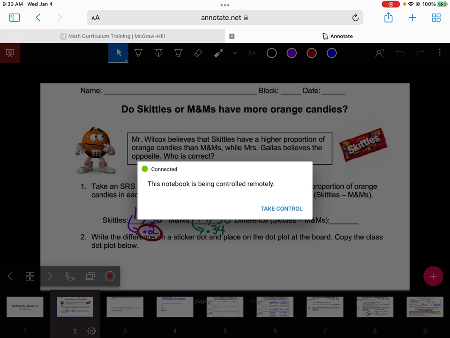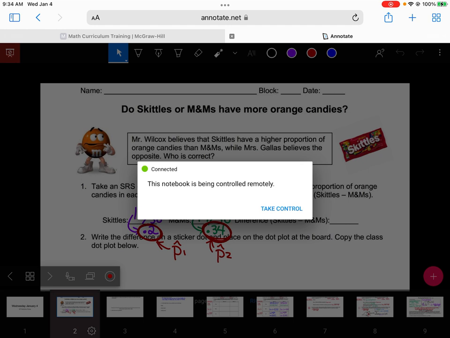This right here, that's p hat 1. That came from my first sample, my Skittles. M&M's, that's sample proportion, is p hat 2. And then I want you to find the difference of those. We're going to do Skittles minus M&M's.